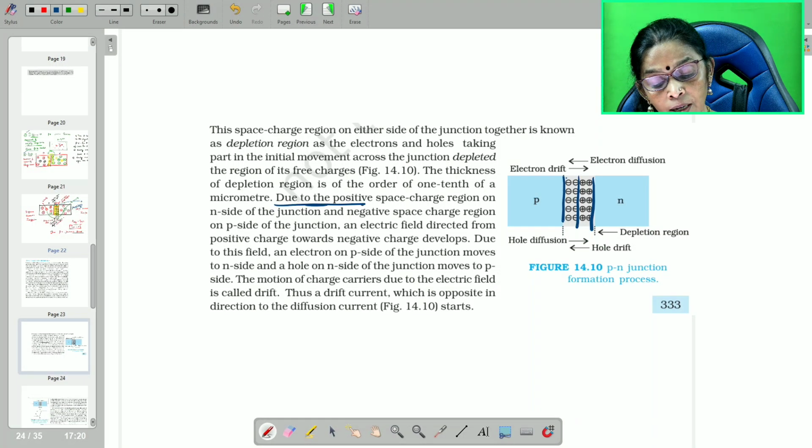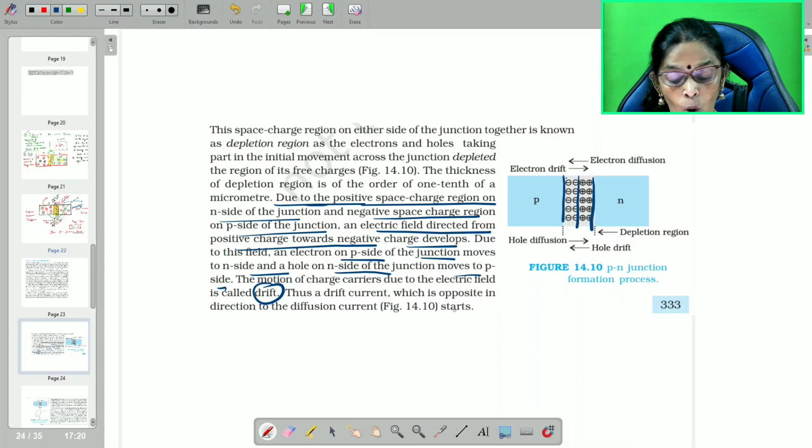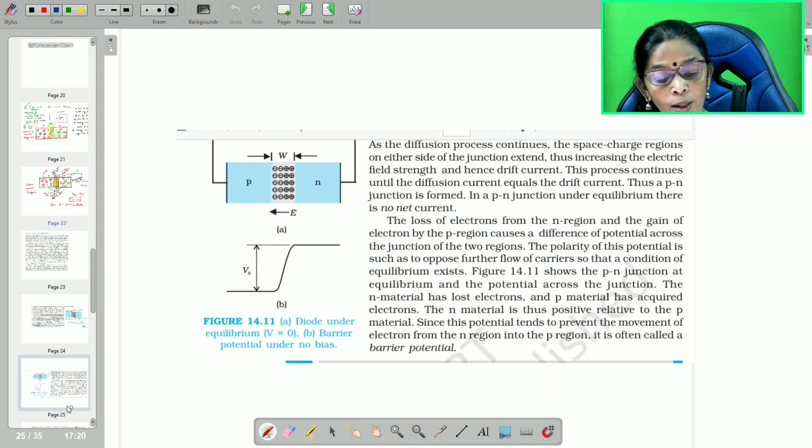Due to positive space charge in the N side and negative space charge in the P side, the electric field is directed from the positive charge toward the negative charge. Due to this, electrons on the P side of the junction move towards the N side, and holes on the N side move towards the P side. The motion of the charge carriers due to the electric field is called drift. Thus, a drift current opposite in direction to the diffusion current starts.